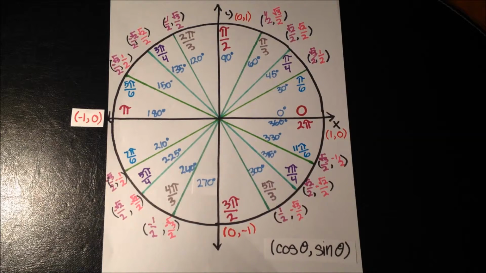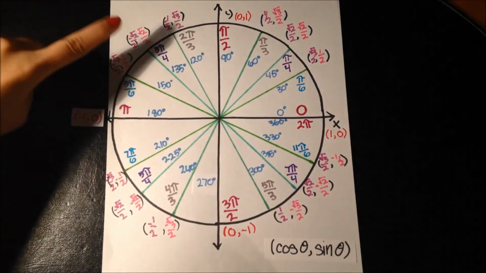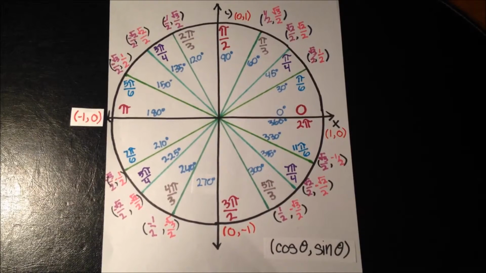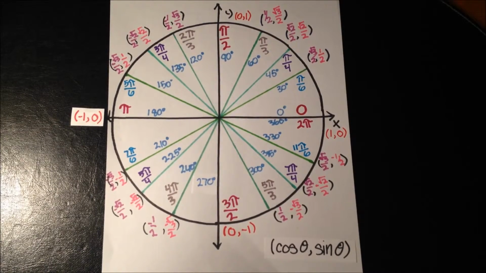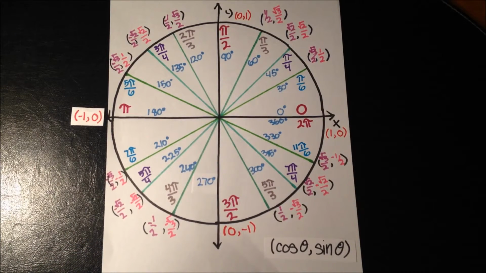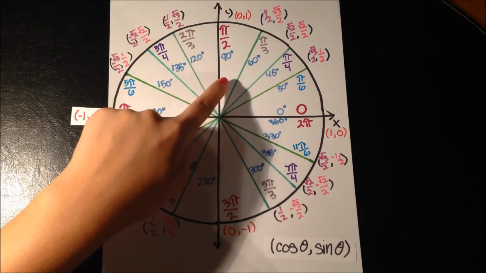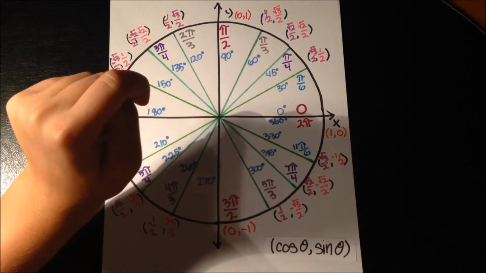Okay, so far we have only talked in terms of radians, which is everything with the pi. But each of these angles has a number value in degrees. So the first one is 30, then 45, then 60, and then 90.